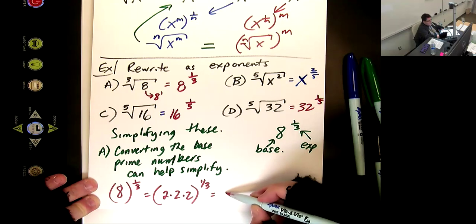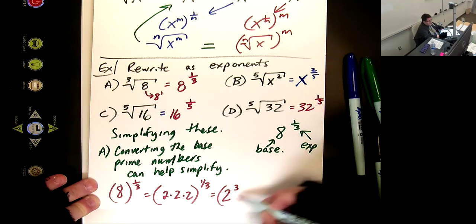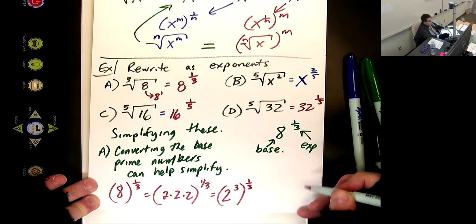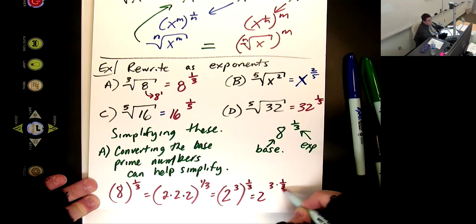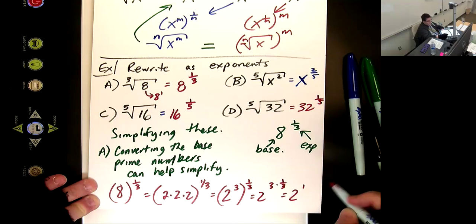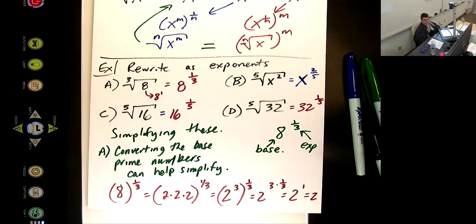So this is 2 cubed to the 1/3 power, because that's what exponents mean, repeated multiplication. And now I can multiply the exponents, and I just get 2 to the first power, which is 2. So the 8 to the 1/3 actually simplifies to a common number.